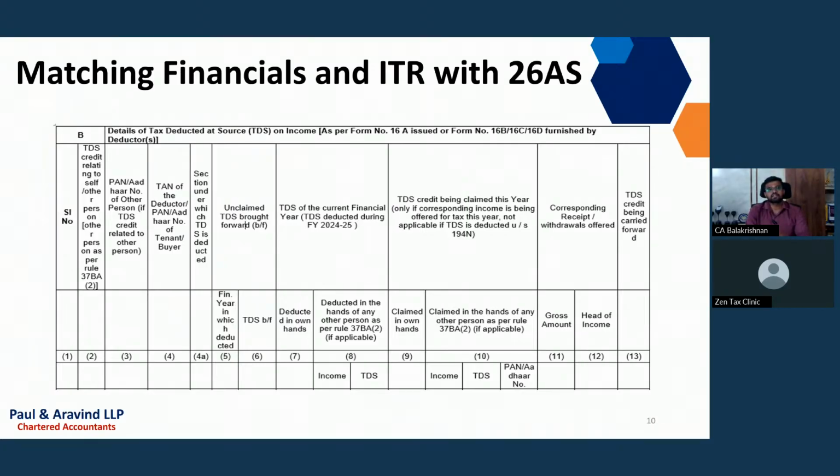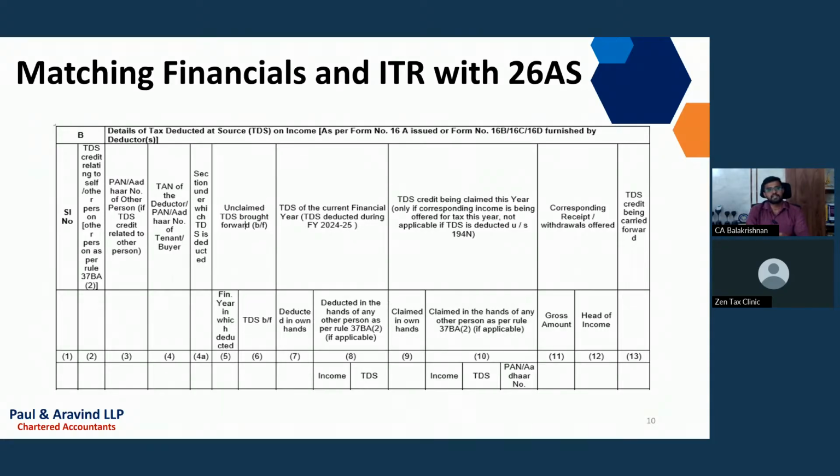In column number 5 and 6, we need to report unclaimed brought forward TDS claimed during the current financial year. Say, for example, in the financial year 23-24, we did not claim the total TDS deductions, and it has been carried forward to subsequent years.